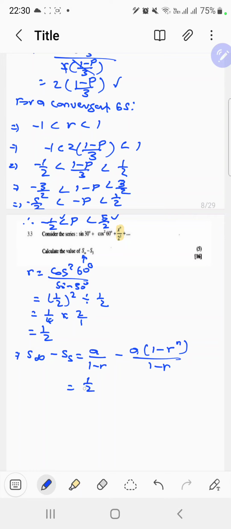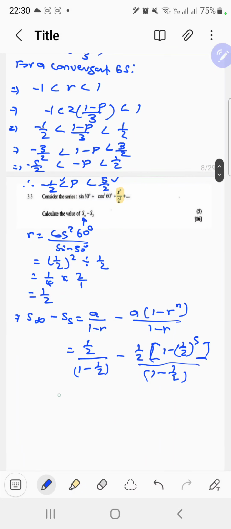So a is a half, divided by 1 minus a half, minus a half into, let's put big ones, 1 minus a half raised to the exponent 5, over 1 minus a half.